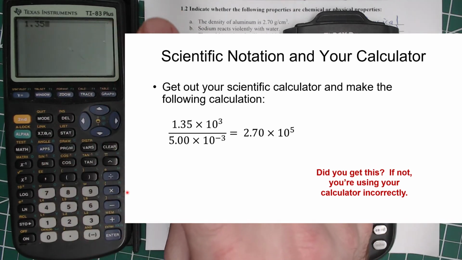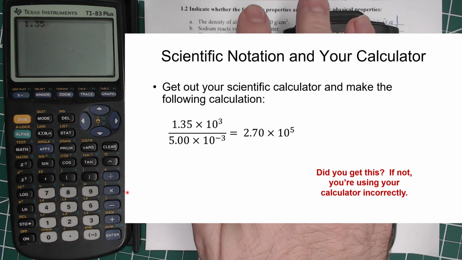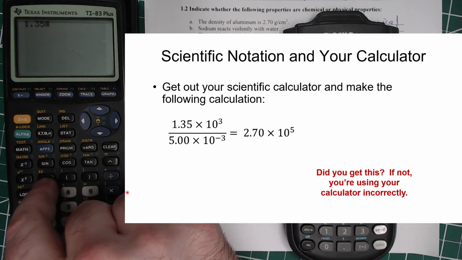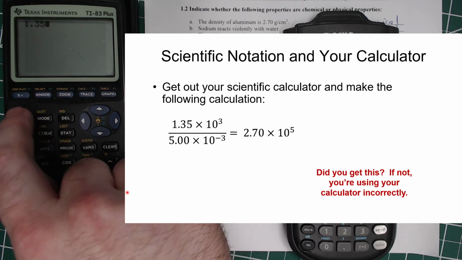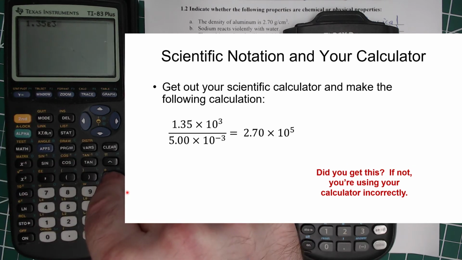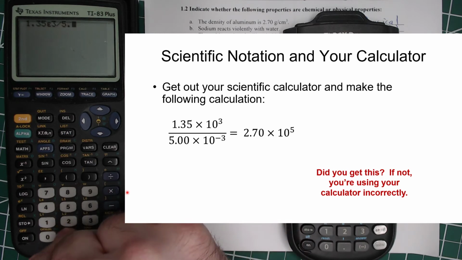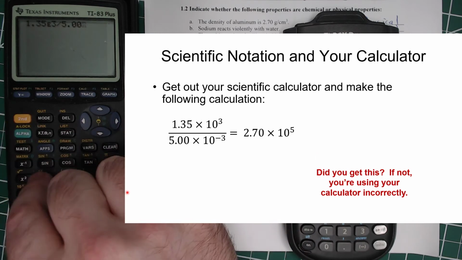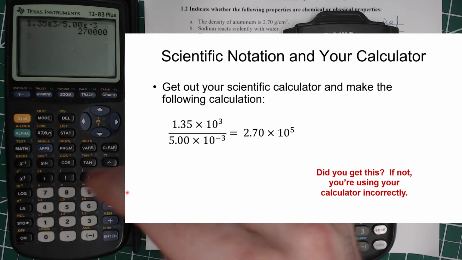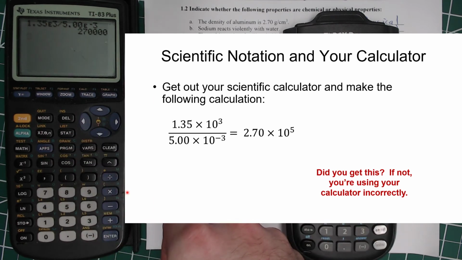So instead, you'll need to put it in using the EE, which is the yellow button right there. So I'm going to do second EE 3, and then we'll divide that by 5.00 second EE negative 3. And that will get you 270,000 as well.